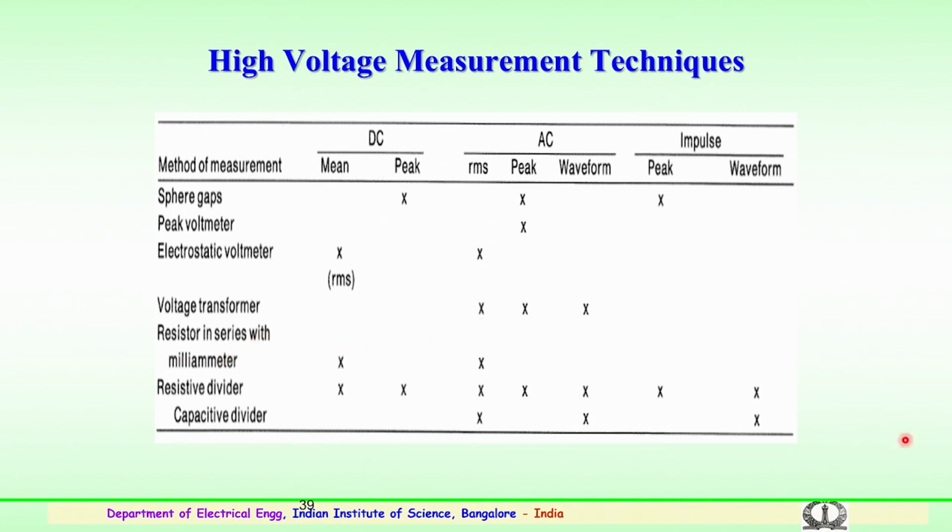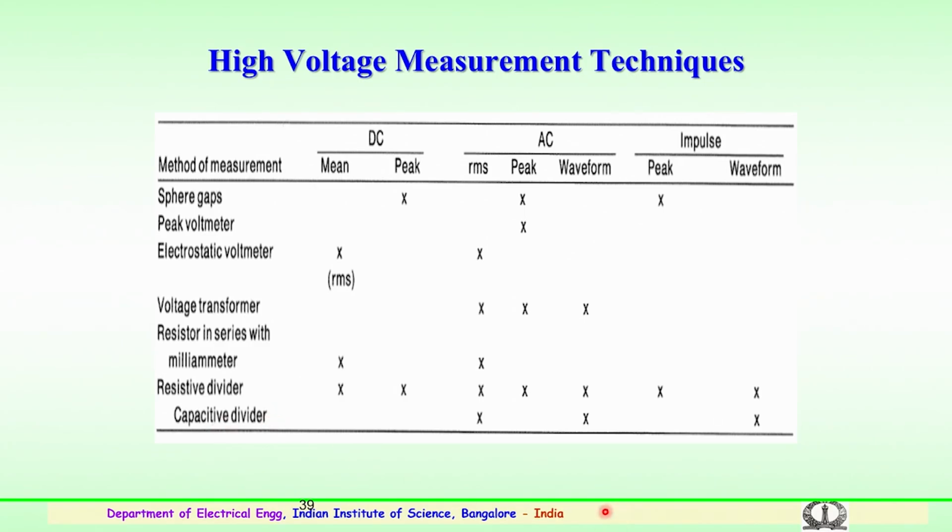And we have methods where we connect resistors in series with a milliammeter. That arrangement could be used for measuring the mean or RMS values in case of DC, and the RMS value in case of AC measurements. Further, we have a resistive divider, which we have just discussed, or a capacitive divider, or the combination of them, a damped capacitive type of divider.